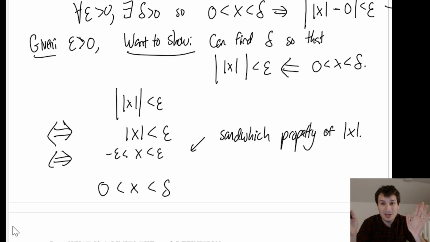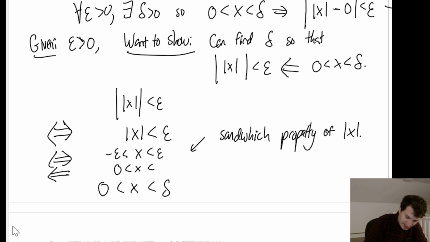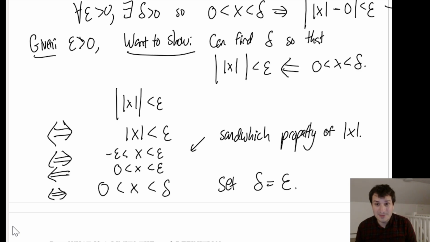And this works because you can shrink the interval down. So you can go like this with a one-way arrow and say x is between 0 and epsilon. If you're between 0 and epsilon, then you are definitely between -epsilon and epsilon. That makes perfect sense. And to go from this line to this line, that will work out as long as we set delta to be epsilon. So if you set delta equals epsilon, it all works out. Maybe what's tricky about these things is that because the last line has no absolute value, you're going to have to use the one-way arrows in the right way to get rid of the absolute value. We've seen that before in our lemmas, but just keep that in mind.